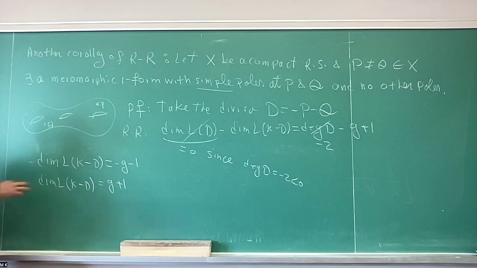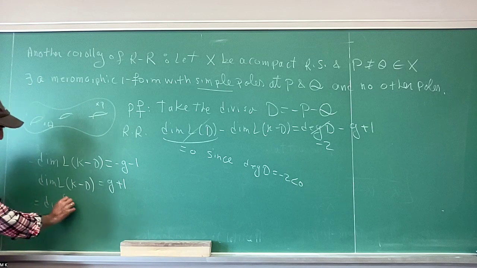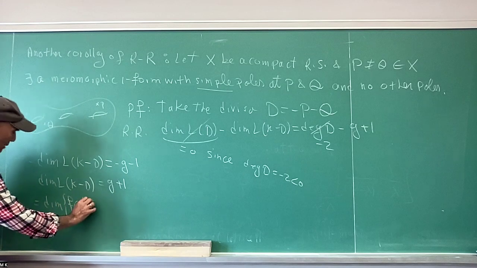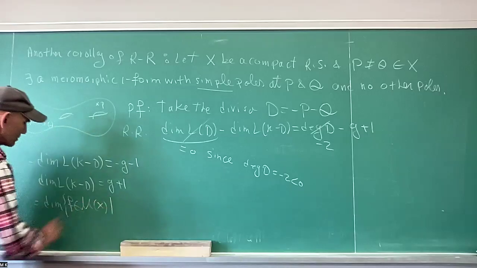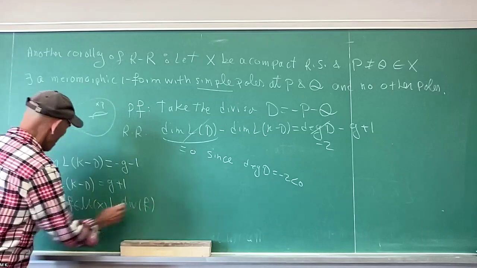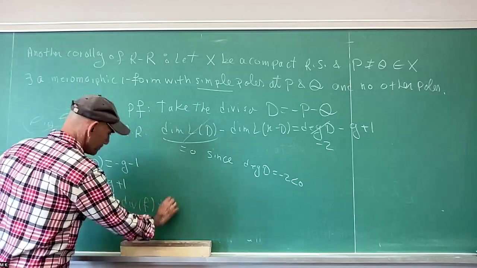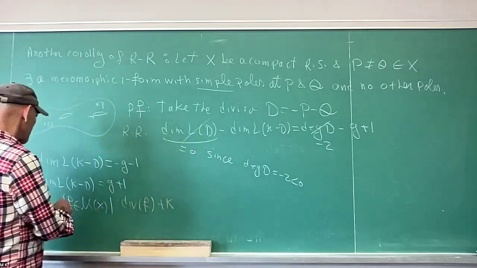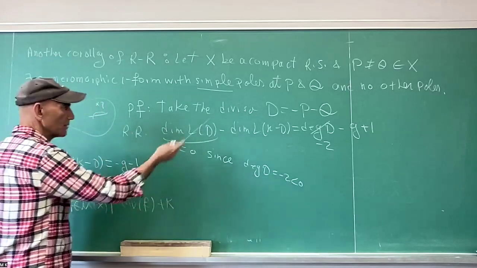But now let's see what this entails. This is really the dimension of a space of all meromorphic functions on X such that divisor of F plus K, where K is a canonical divisor, minus D. What is minus D?